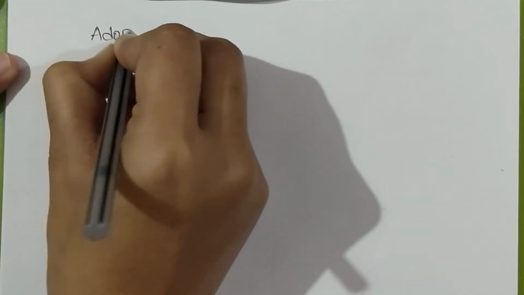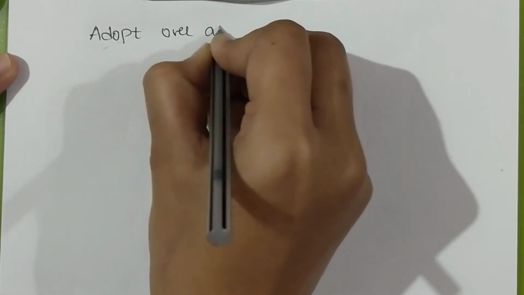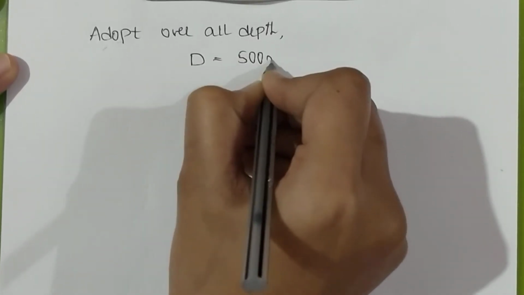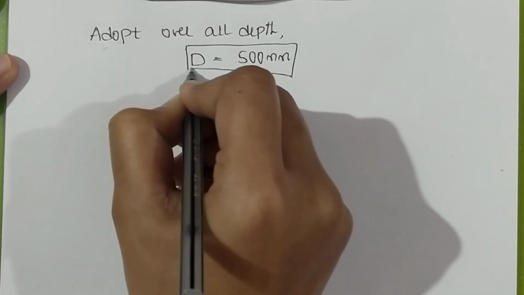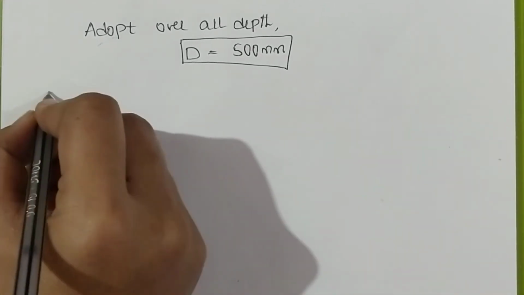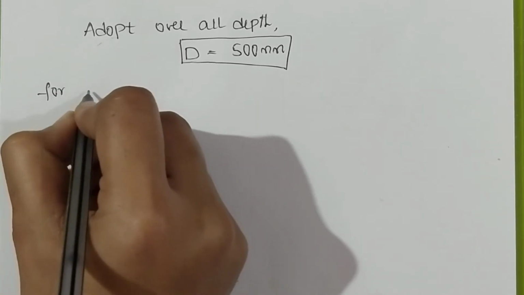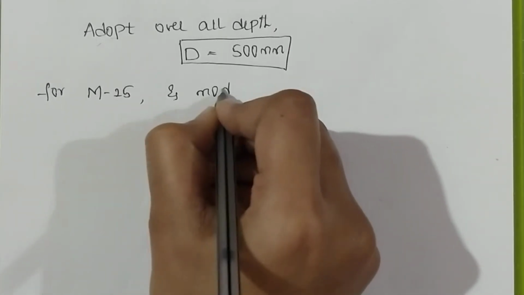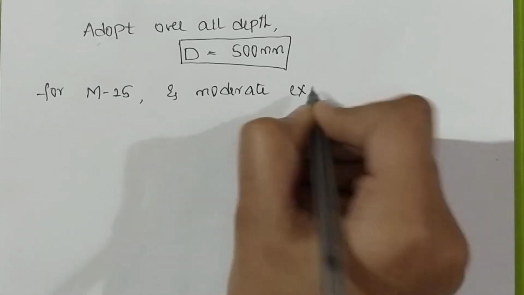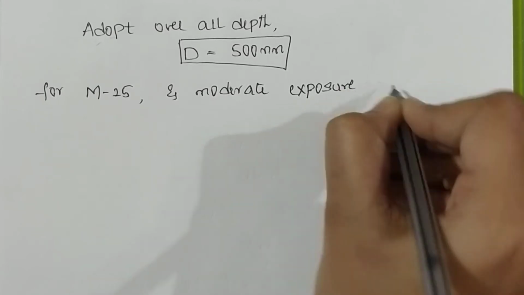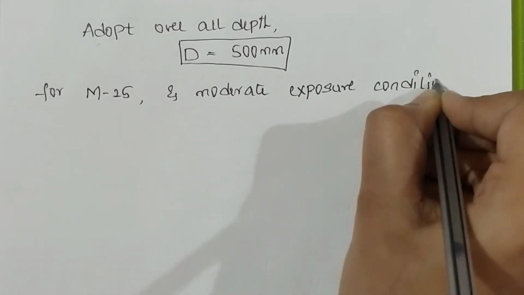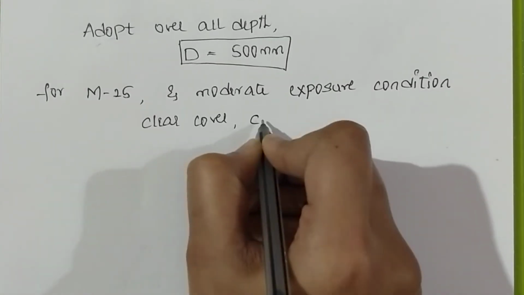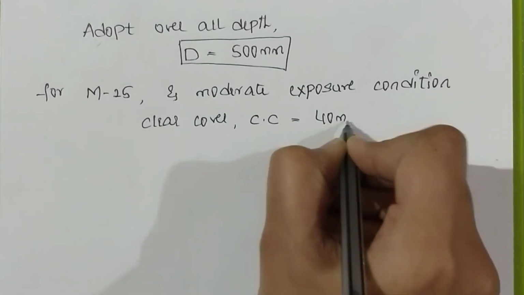Adopt overall depth D equals 500 mm. For given grade of concrete, that is M25, and assume moderate exposure condition, clear cover will be equal to 40 mm.